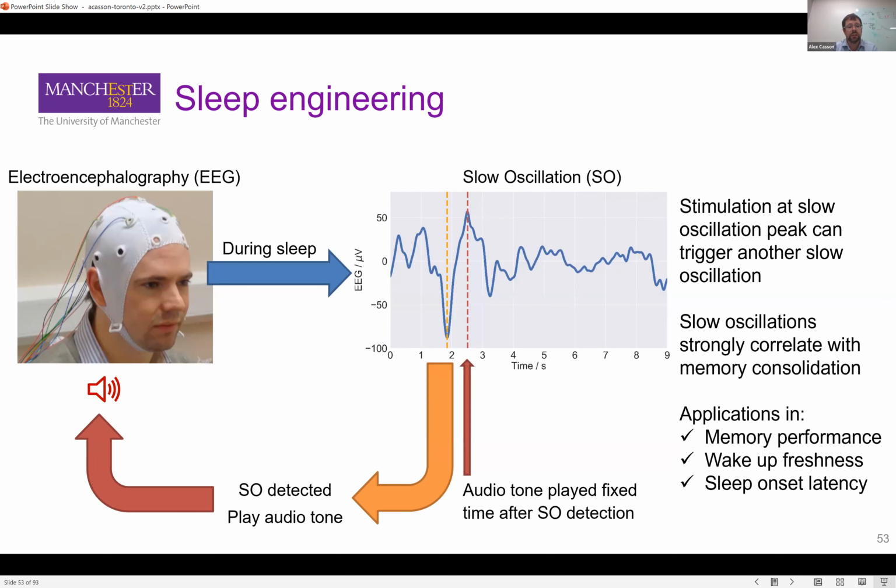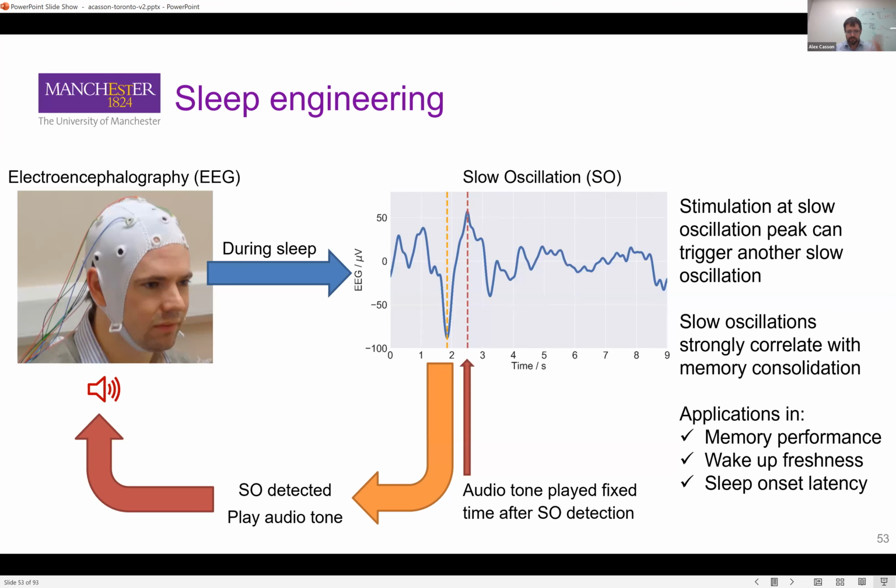And of course, we know that slow oscillations are very correlated with your memory consolidation performance. Young, healthy people have lots of slow oscillations. You have fewer as you age. As you move into mild cognitive impairment, you have essentially none.